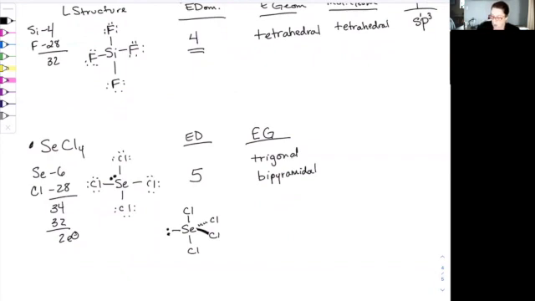So when we go from electron geometry to molecular geometry, we need to account for the fact that now we have a lone pair, okay? Which means that basically becomes invisible in the molecular geometry. So the molecular geometry for this one is going to be seesaw.